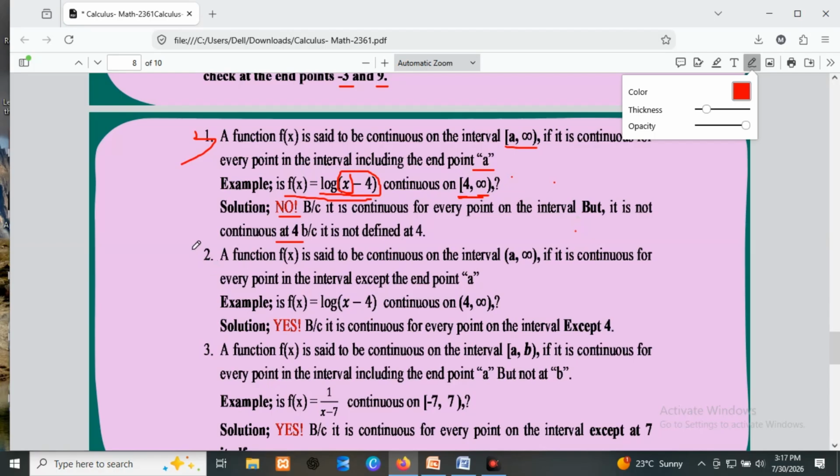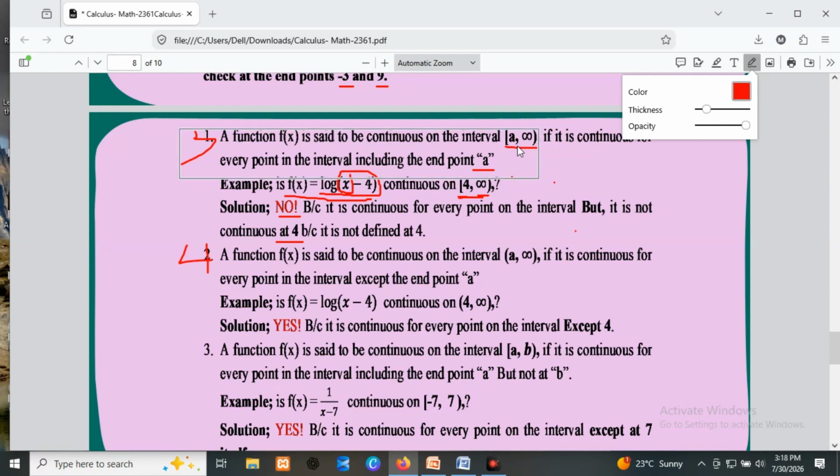Again, let's continue to definition 4. A function f of x is said to be continuous on the given interval, open, excluding a. Be careful, please, and don't confuse these symbols.